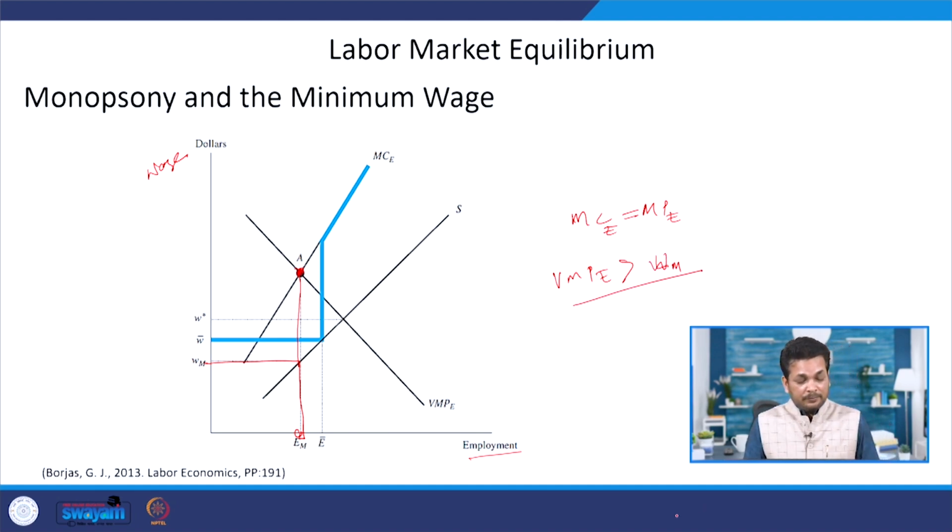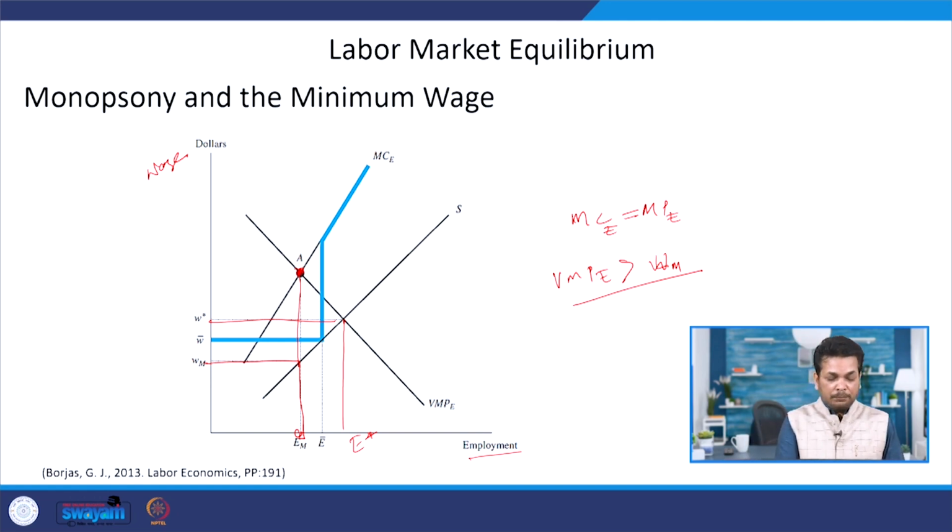Now, had it been a competitive labor market, the wage rate would have been W star and the employment would have been E star. Now, suppose minimum wage laws are implemented and the minimum wage is set at W bar. Then the firm has to hire workers and pay them this W bar wage rate.